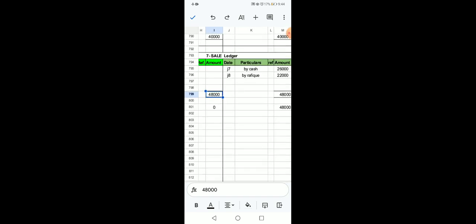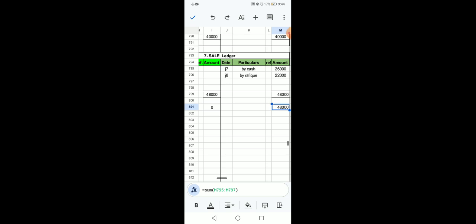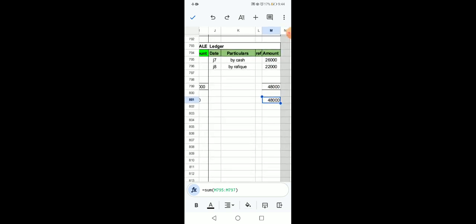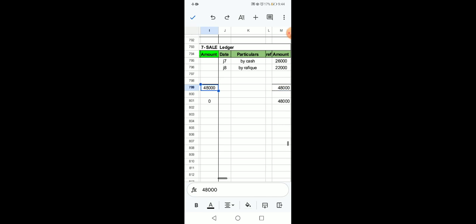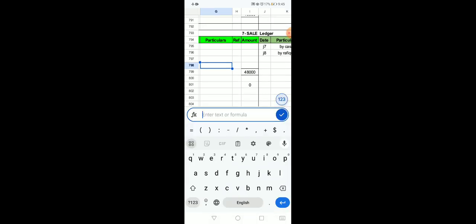Two steps completed. First step, calculate sum of both sides. Choose larger sum, which was 48,000, and write the larger sum as total on both sides. Next step is to calculate the balance. Which side will you choose? The smaller side, and the smaller side is debit side. Here you will choose the debit side and write the balance.